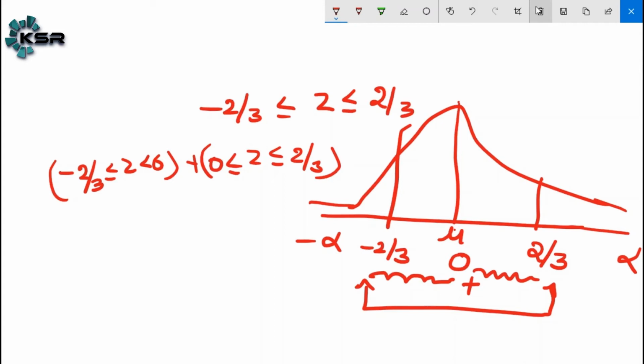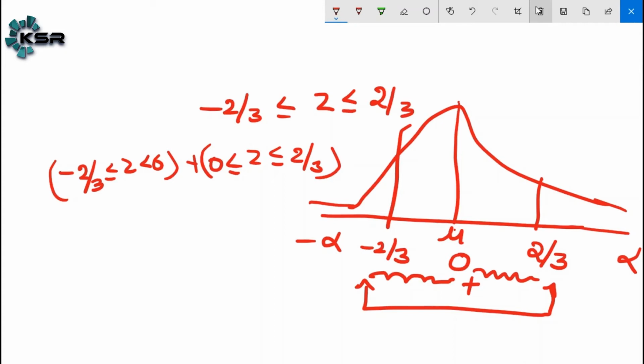So that is the reason we are converting them into the positive way. The values in the tables cannot be negative, so we need to convert them into positive. As I mentioned, half of the left side will be equal to half of the right side.